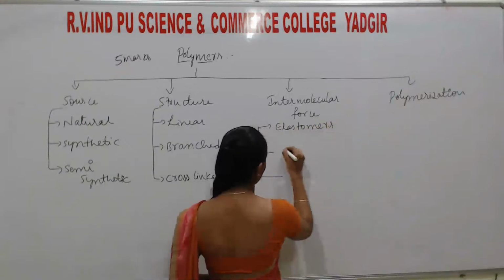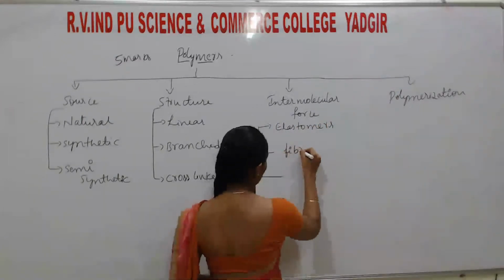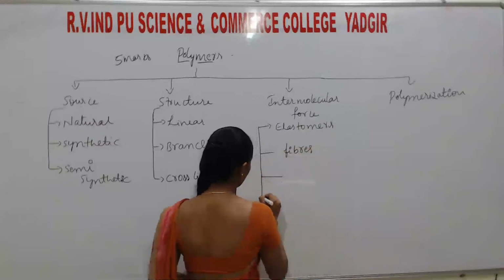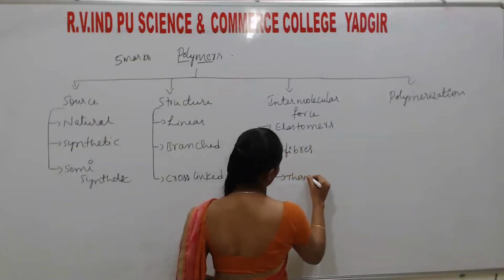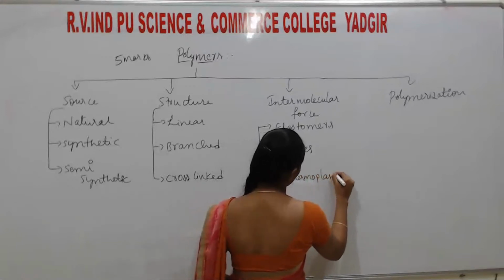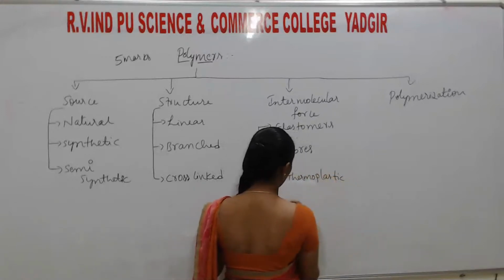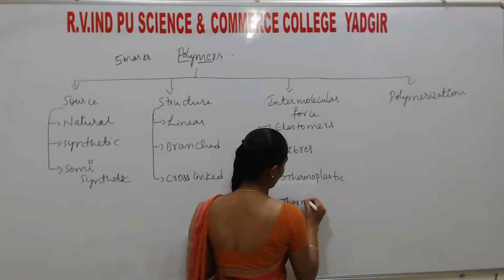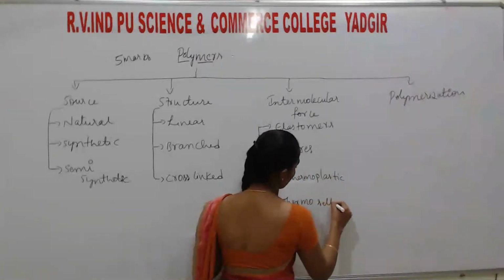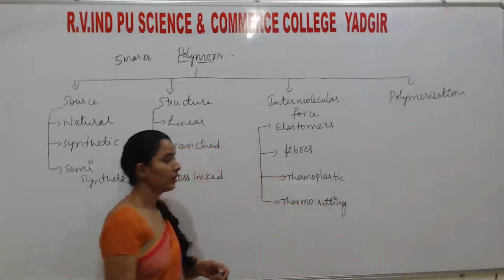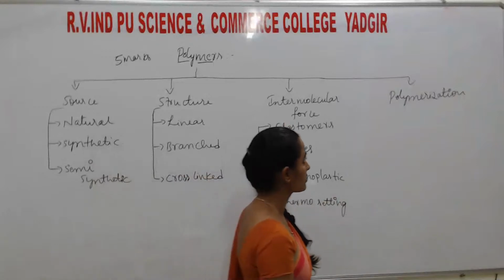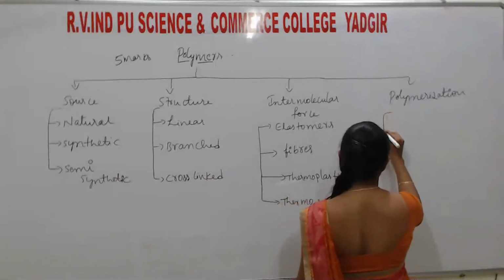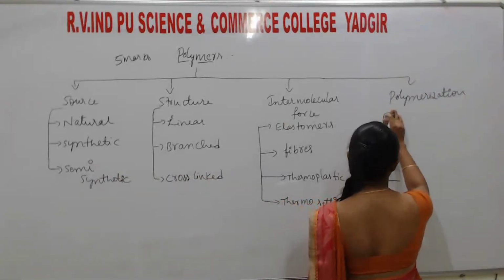Next, based on intermolecular force, they are elastomers, fibers, thermoplastic, and thermosetting. Thermoplastic and thermosetting based on intermolecular forces. Next, based on polymerization, 2 types are there.